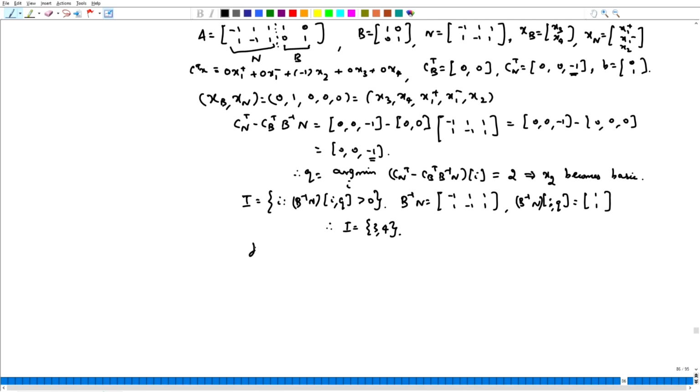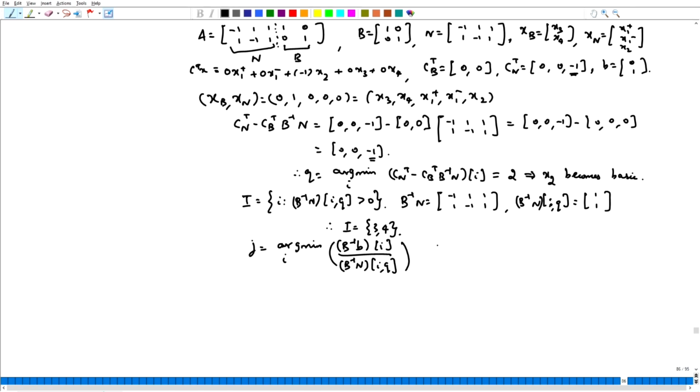So, now what is j? j is argmin over i of B inverse b of i by B inverse N of i comma q, right. So, B inverse b, since B is I, is 0 comma 1.